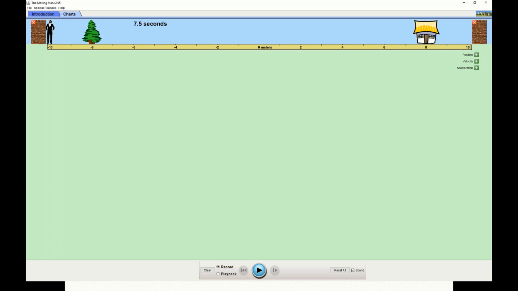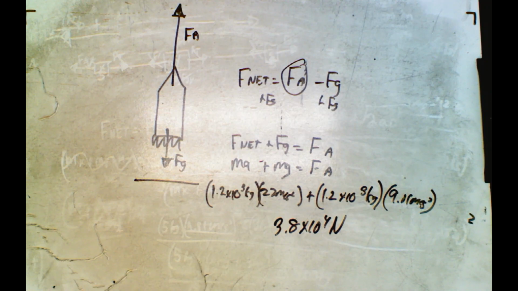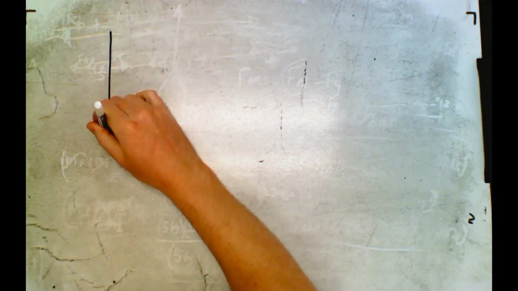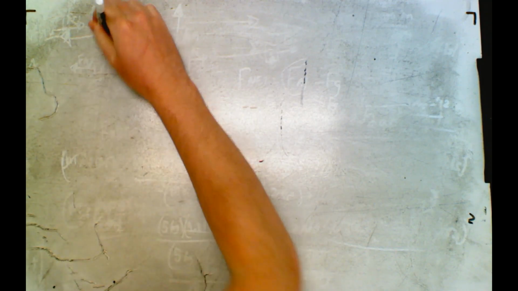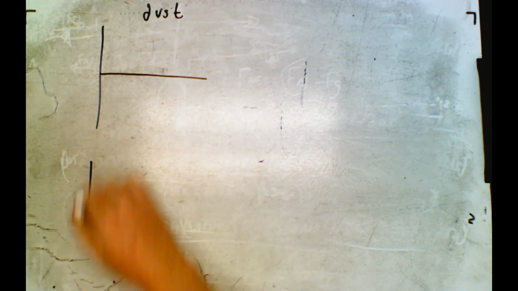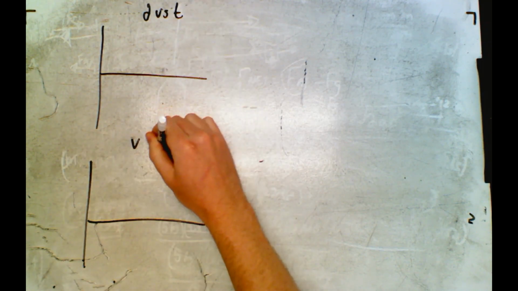So if he's just increasing his speed the whole time, let me draw this out for you. So you have to think of what your y value looks like. For both, we should draw them like this. So this is my d versus t, and this is my v versus t.